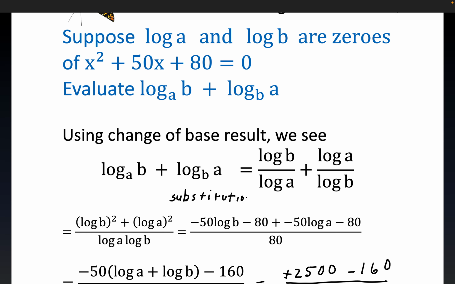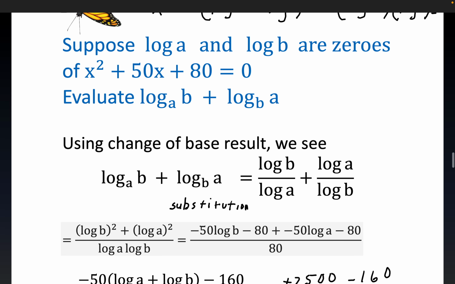So what did I substitute? Just right here: something squared is equal to minus 50x minus 80. Okay, x squared is equal to minus 50x minus 80. But the logarithm was the 0. So that explains how we hopped from here to here and from here to here.